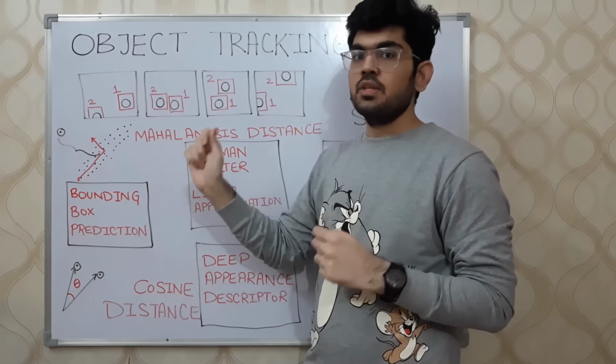So what is the role of Kalman filter over here? Kalman filter needs to predict what is going to be the future location of a given detected object. Using these future predictions, we can determine whether the object that we were tracking is the same object or not. Along with that, using prediction, we can also deal with the problem of occlusion.